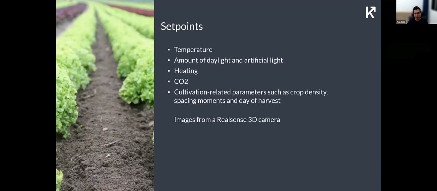It was interesting. The usual suspects like ventilation, heating, CO2. There are some other interesting parameters that are not even available in the typical climate computer, such as controlling the crop density using mobile girders, a simulation of the mobile girders, if you will.